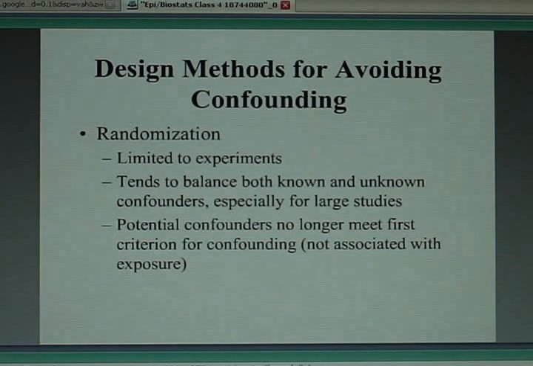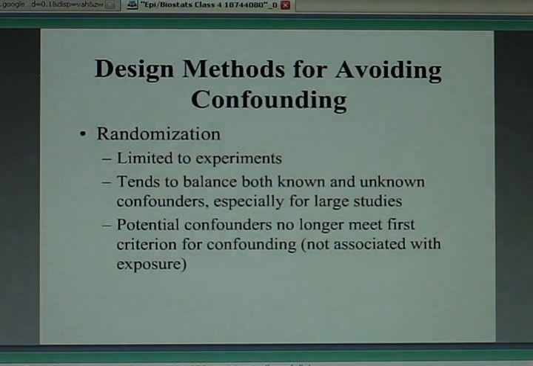Therefore, none of these factors, age or sex, none of these potential confounders will meet the first definition of what a confounding factor has to have, meaning it's not going to be related to your exposure. The two groups you're comparing, the exposed and the non-exposed, treated and the non-treated, by design, because you randomize people, are going to have the same distribution.